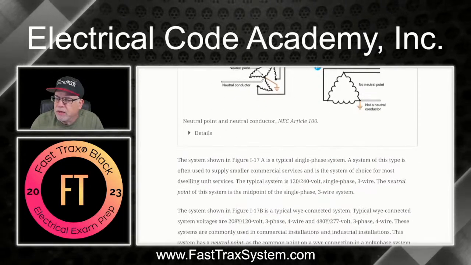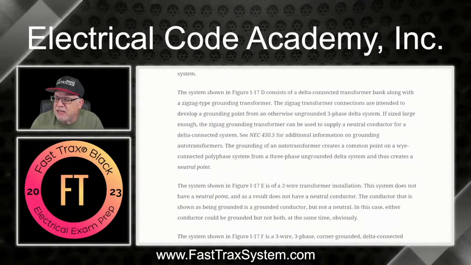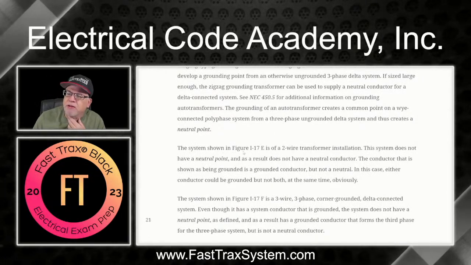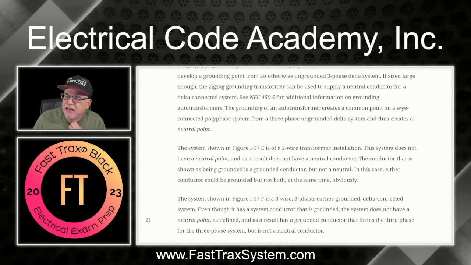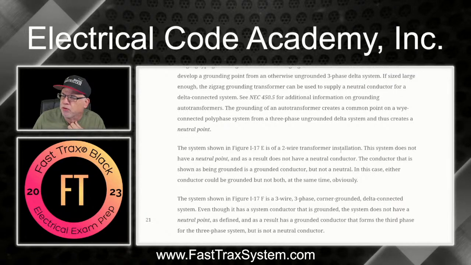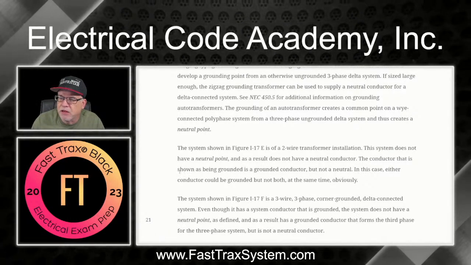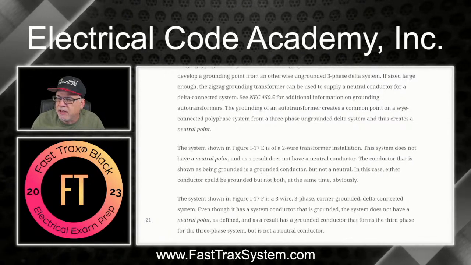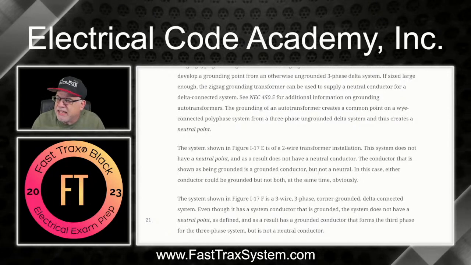Very important. If we go down and look at that E one, it says the system shown in figure 117E is a 2-wire transformer installation. This system does not have a neutral point, and as a result, does not have a neutral conductor. The conductor being shown is grounded, a grounded conductor, but not a neutral.